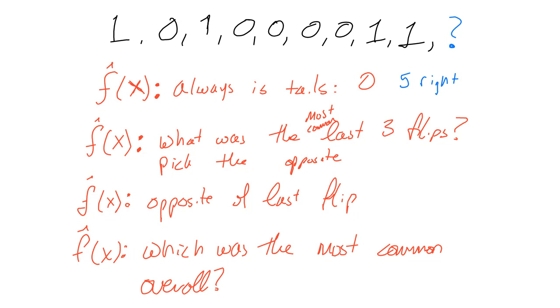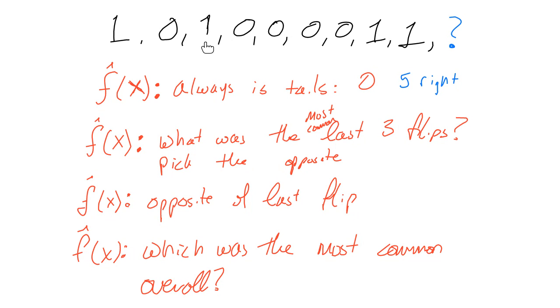If we use the second estimator, what was the most common in the last 3 flips, pick the opposite, well, let's say that it picks randomly in the first one, so we don't know what it would get there. But it would pick the opposite of 1, it would be 0, and between 0 and 1, it would again be random, so let's give it a 0.5. So we would call this 2.